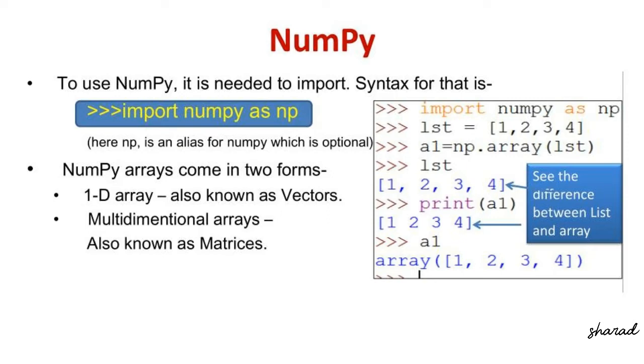So here first we have taken a list containing elements 1, 2, 3, 4. Now we can create an array using this list: np.array, in the bracket we write the list. So now if we type the command lst, then the list will be printed.